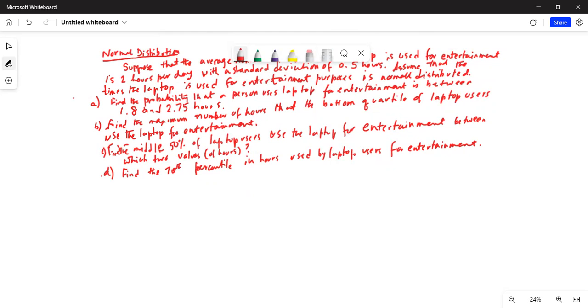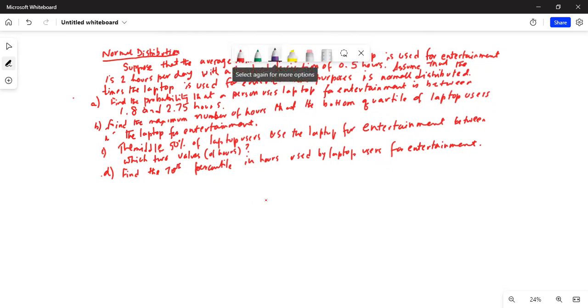So let me clarify that also. We don't need the find. So this will be question. The middle 50% of laptop users use the laptop for entertainment between which two values of hours? And part D, find the 70th percentile in hours used by laptop users for entertainment.